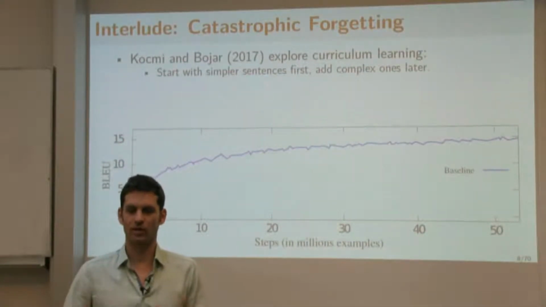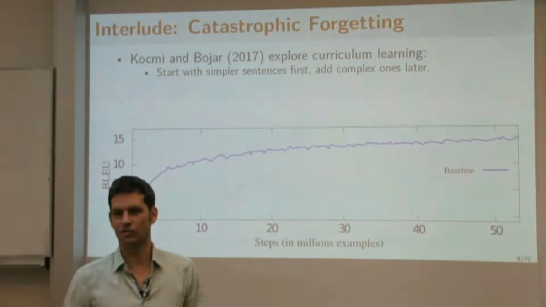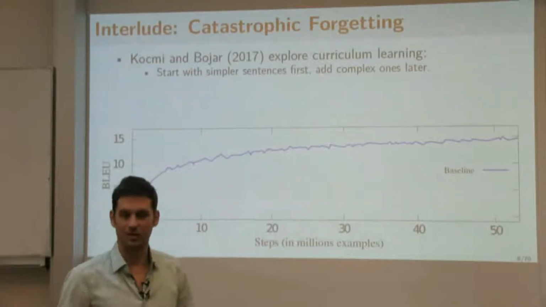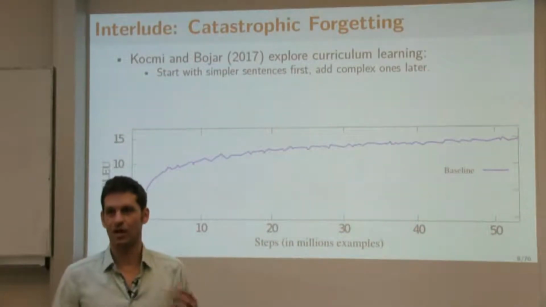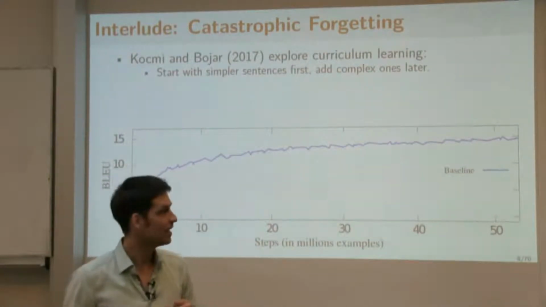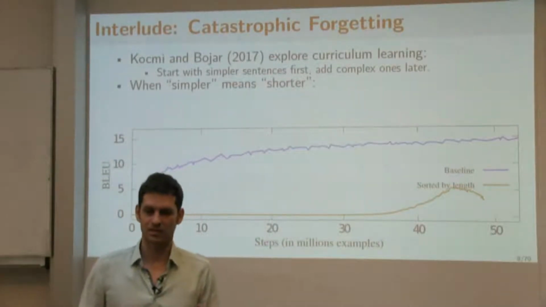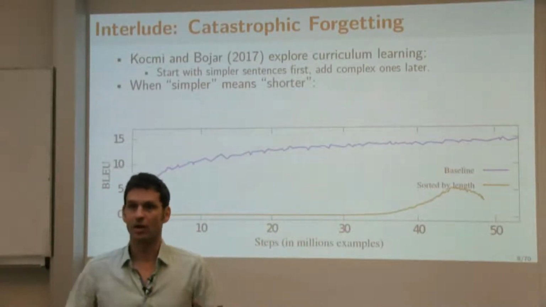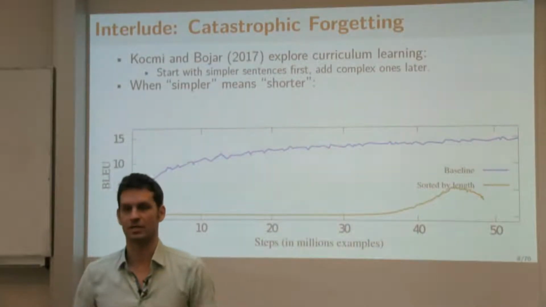So hopefully, with this curriculum style of learning, with clever organization of the training data, we would get to better performance. So in these experiments, we've seen how horrible the catastrophic forgetting can be. When we said, okay, simple sentences are probably short, let's just sort the corpus from the shortest to the longest sentences.